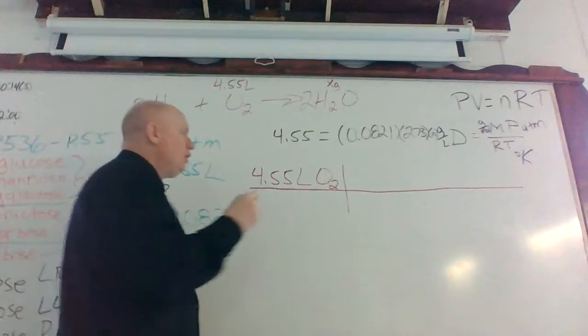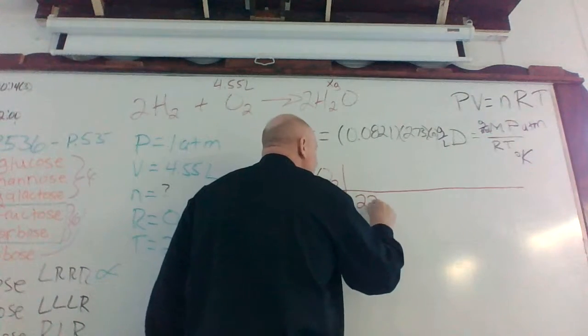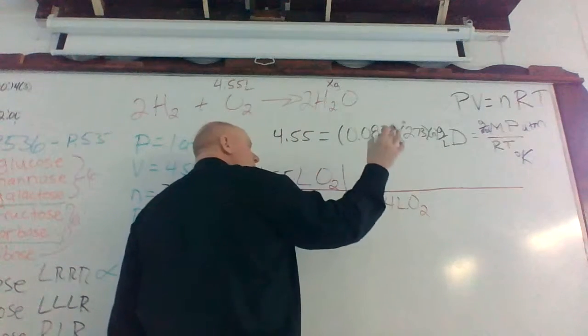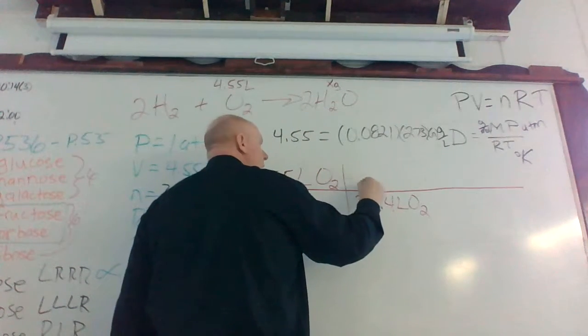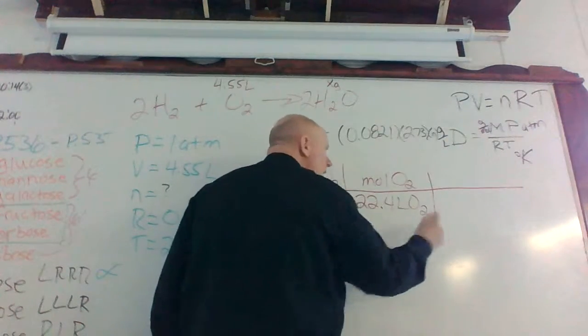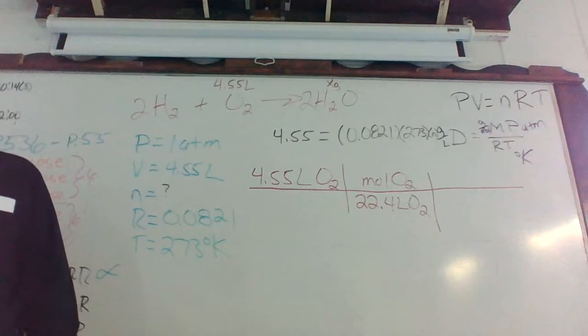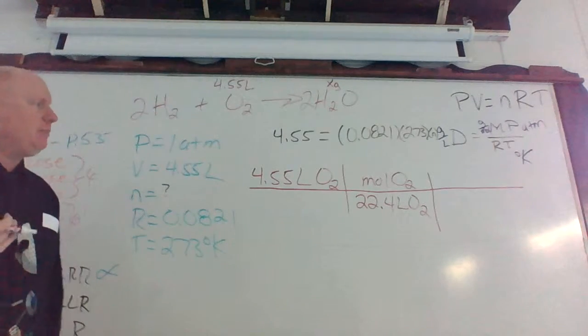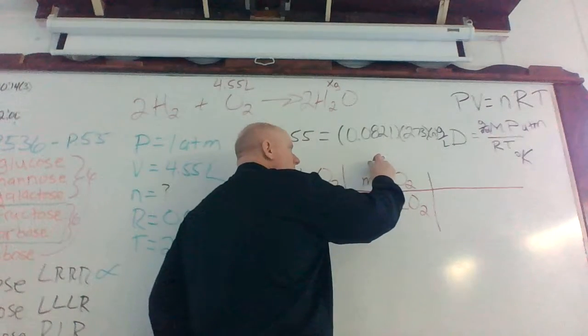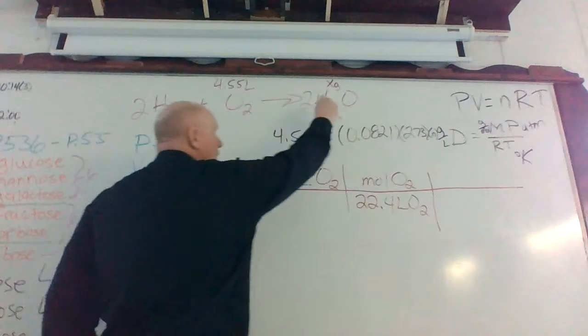So, if we put 22.4 liters of oxygen, that gives us one what on top? That gives you a mole of oxygen. And we can make that intuitive leap because this is measured at STP. So now we're in moles of O2. But we don't want O2. We want H2O.